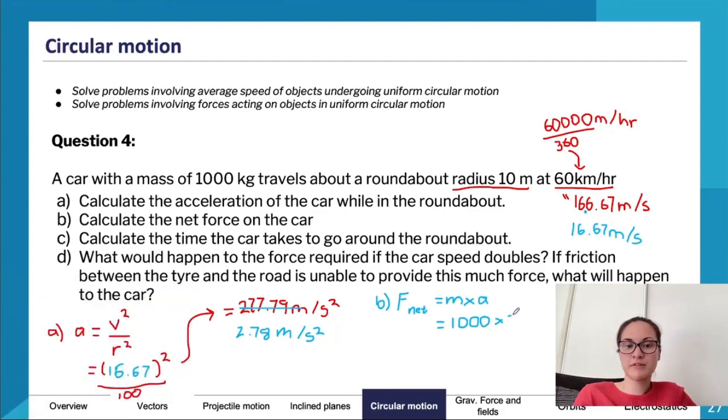Yep, so it's going to be 2.78. Okay. Yep, so that's going to be 277, and I also just kept that number earlier in my calculator, so it's going to be 2778.89. That's our force.